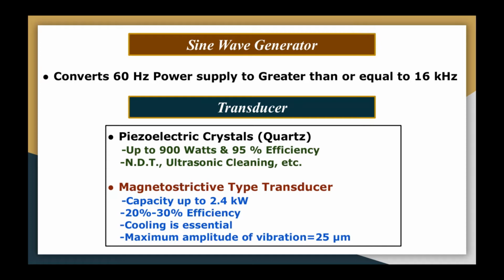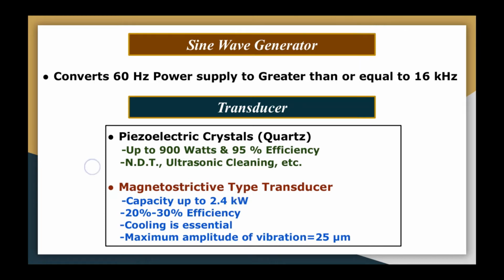Another type of transducer is the magnetostrictive type transducer. It has high capacity as compared to the piezoelectric type of transducer. They can have capacities as high as 2.4 kilowatt, but their machining efficiency, as you can see over here, is just 20 to 30%.